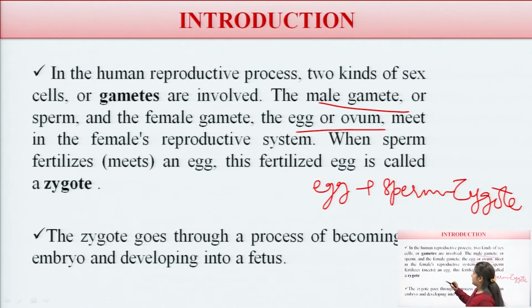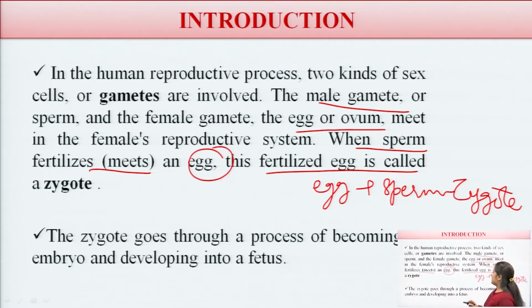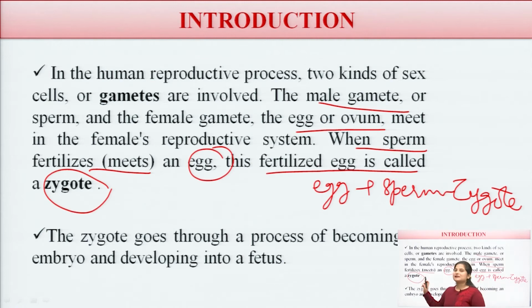When the sperm meets and fertilizes the egg, it forms the zygote. Now the zygote goes through the process of becoming the embryo and then developing into the fetus.